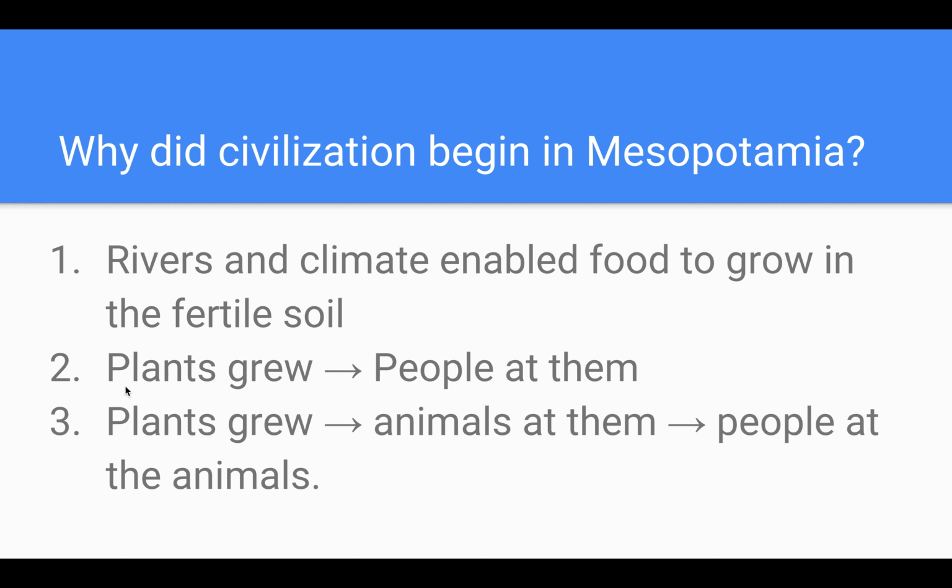But because plants are able to grow in this region, people are able to eat them, meaning people don't have to follow their plants. They can stay in one area. Additionally, because plants grew, animals ate them, and that meant people could start raising animals and eating the animals. So this allowed people to stay in one place as opposed to following their food like the nomads and the hunter-gatherers before them.